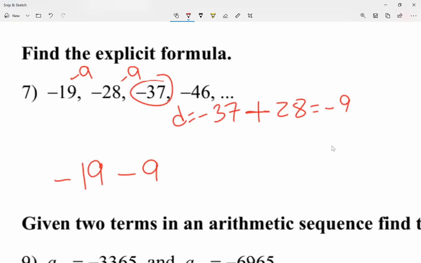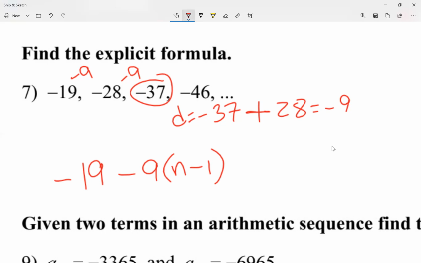After the common difference, I'm going to open parentheses and write n minus 1, close parentheses. If I want the 10th number on the list, the parentheses means 10 minus 1, which is 9. I'm always going to subtract the 9, or add the common difference, one time less than the number that I'm looking for.